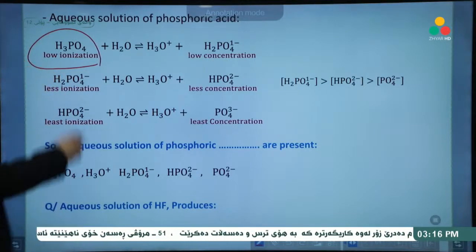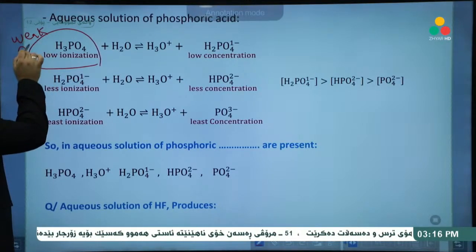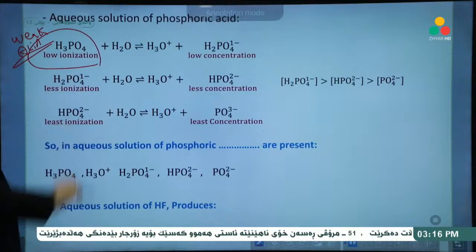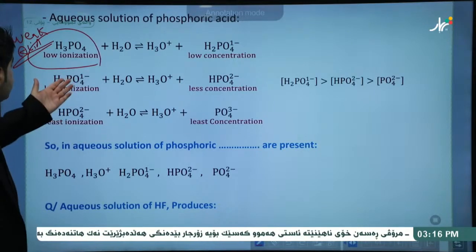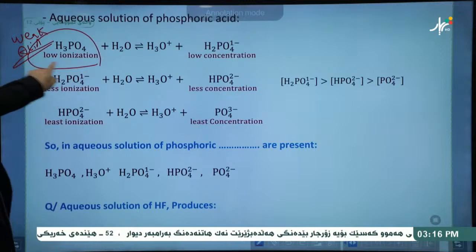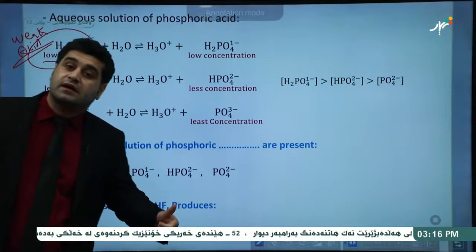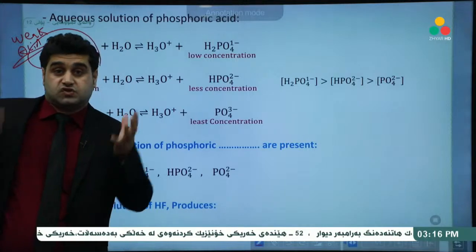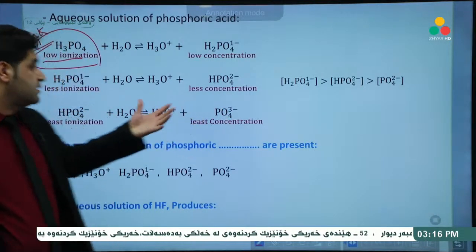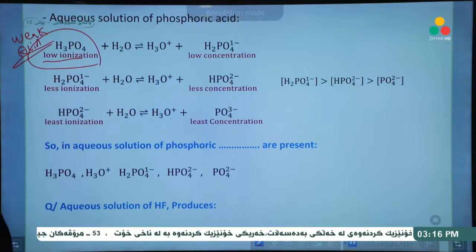Okay, it's a weak electrolyte, it's a weak acid. For a weak acid, we immediately have low ionization power. It's a weak acid by itself, we cannot do anything. The first example was H2SO4, a strong acid with high ionization. But this is a weak acid, so it has low ionization.